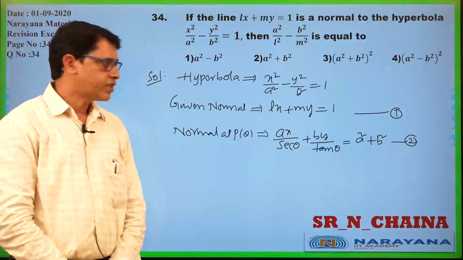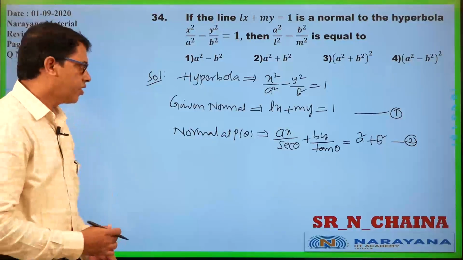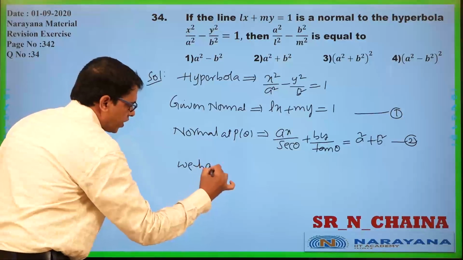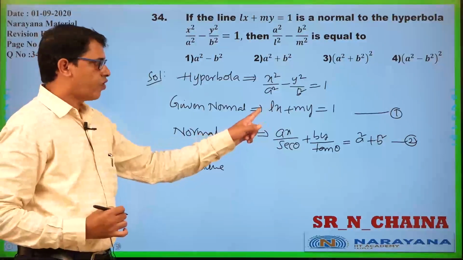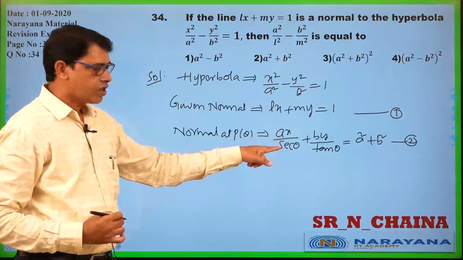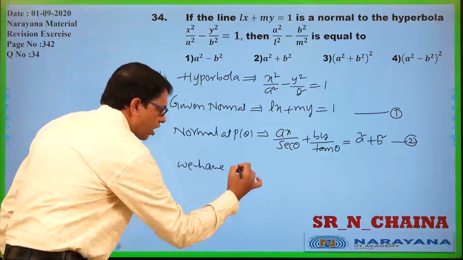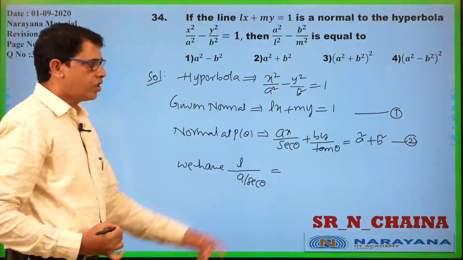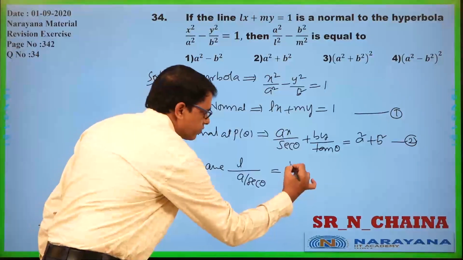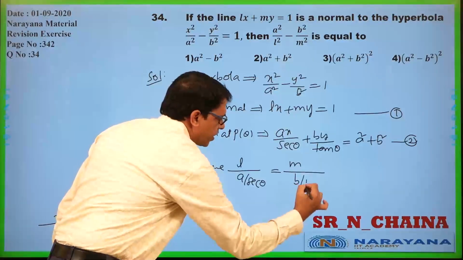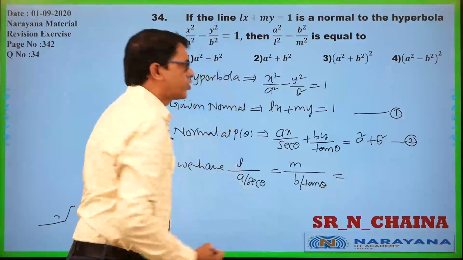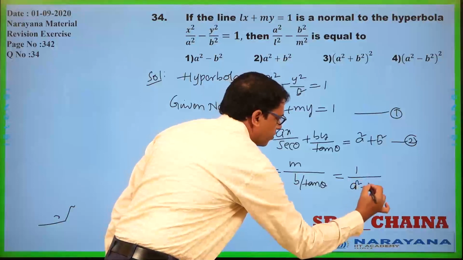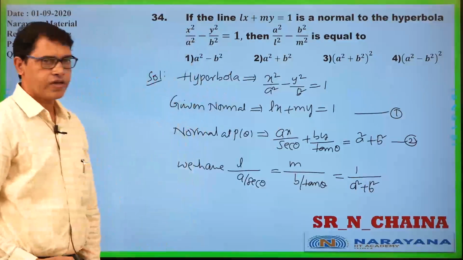Here 1 and 2 represent the same line. The x coefficient is L here and A by secant theta there, so L upon A by secant theta equals, y coefficient M upon B by tan theta equals, constant 1 upon a square plus b square.